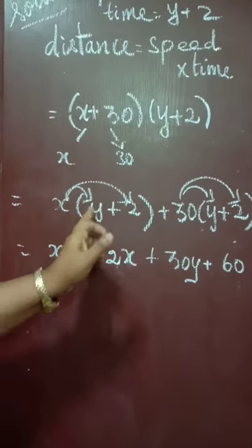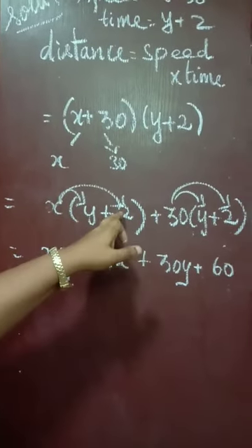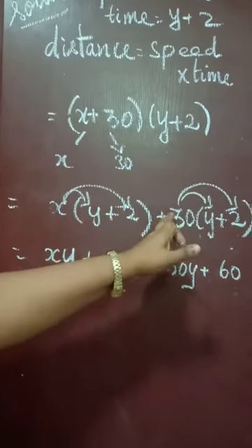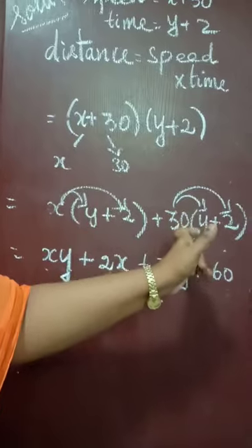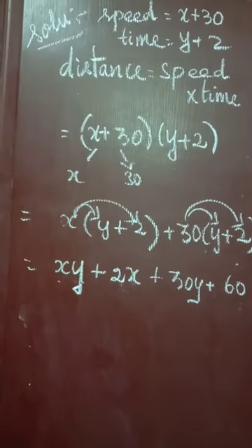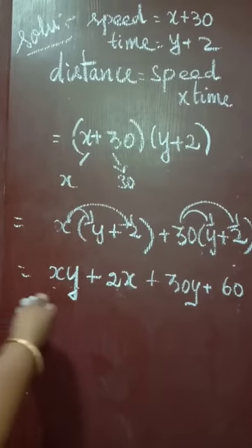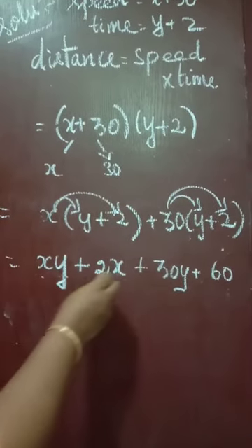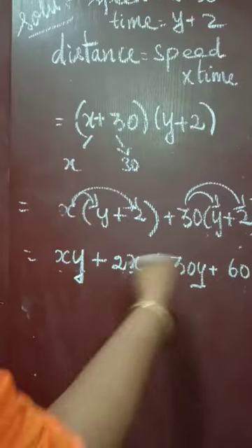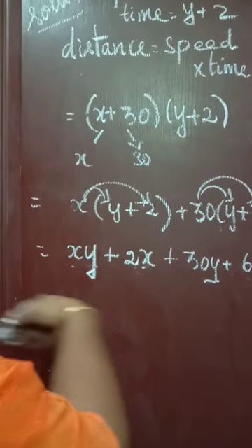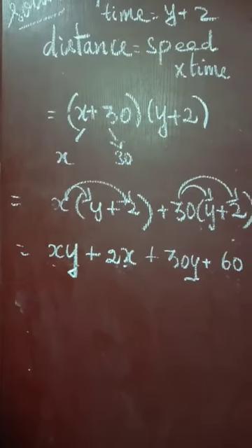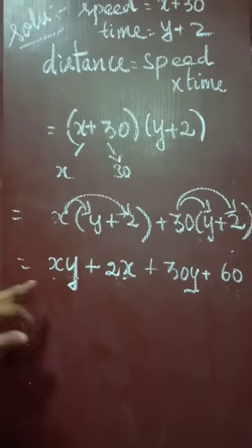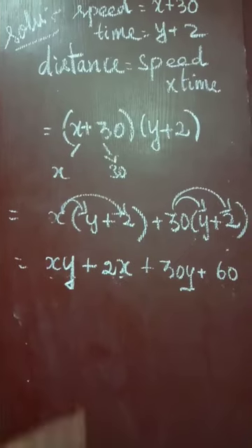So x into y, xy, x into 2, 2x. Next 30 into y, 30y, 30 into 2, 3 2s are 6, 60. Next we add the like terms. Here no like term is there. First one xy, second one x, third one y, fourth one without variable. So all terms are different, so we are not able to add these terms. This is the distance covered by the car.